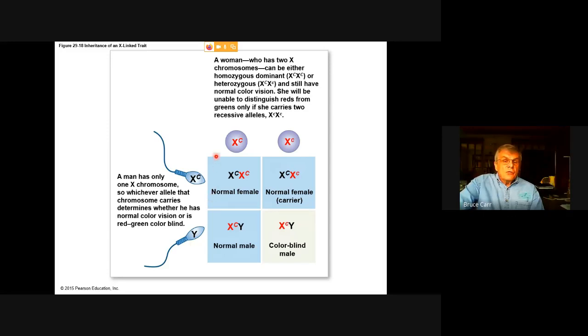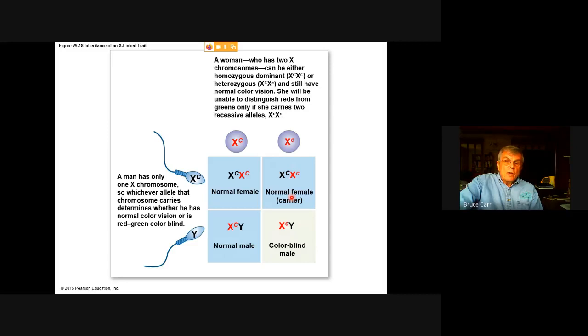It depends in this case on the X chromosome coming from the female. This condition here also shows the reason for a pattern in X-linked traits, which they call skip a generation.